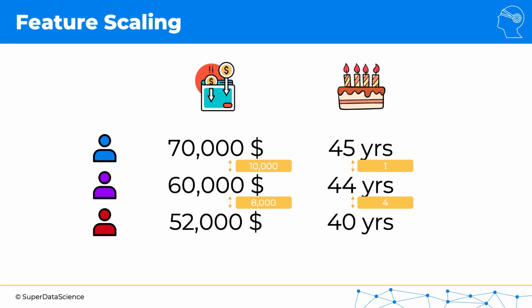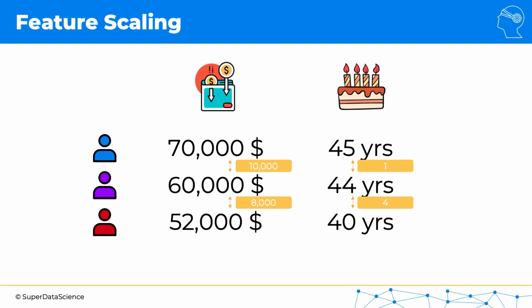Now, what can happen with unscaled features, as we see here, is that the unit values of one column can be so much larger than the unit values of the other that it might overpower. For example, we can see that the values of 10,000 and 8,000 are much, much greater than the values of 1 and 4. So we might make the erroneous conclusion that we're going to ignore values 1 and 4 because those are such small differences compared to 10,000 and 8,000.